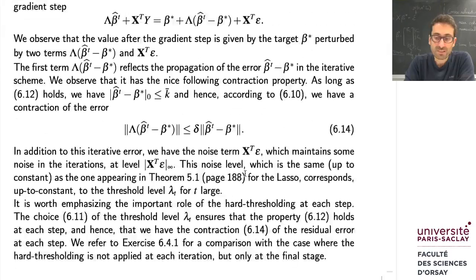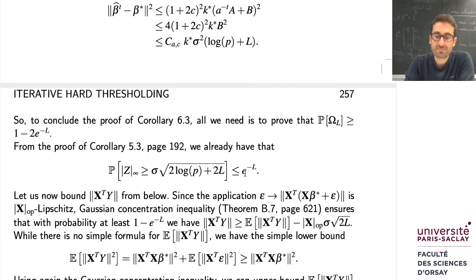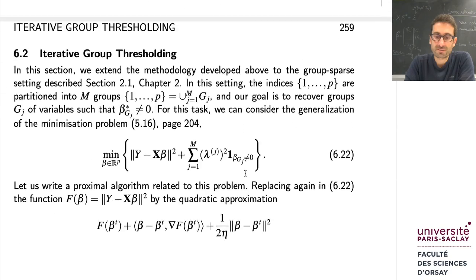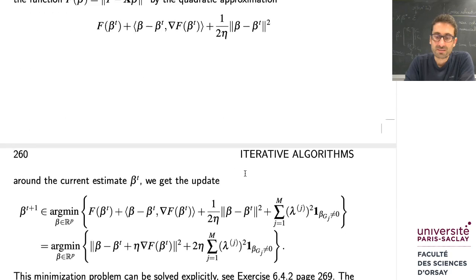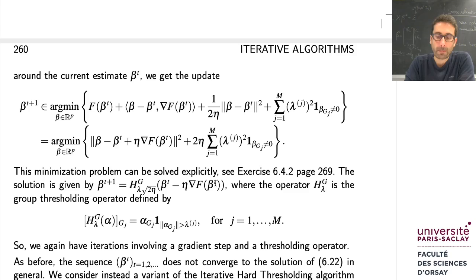So here we have the same quantity, except that instead of having beta j different from 0, we have beta group Gj different from 0, right? And it turns out that, again, we have an explicit solution for this minimization problem.